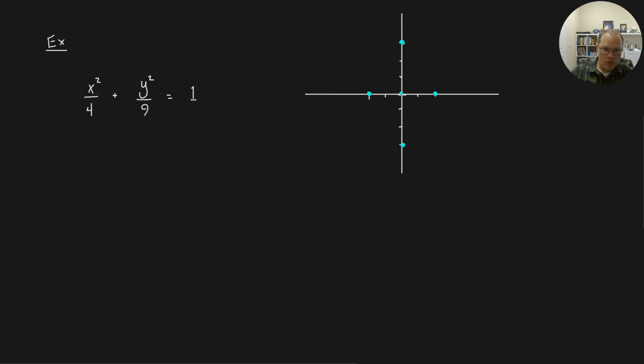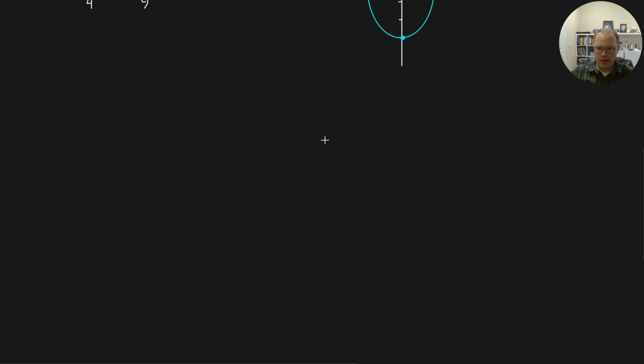And then all we want is an ellipse that goes through all those points. Okay? You just have to connect the dots after that, knowing that you're dealing with an ellipse.